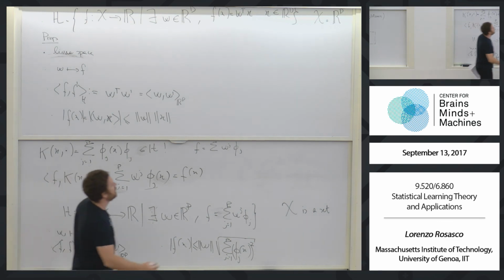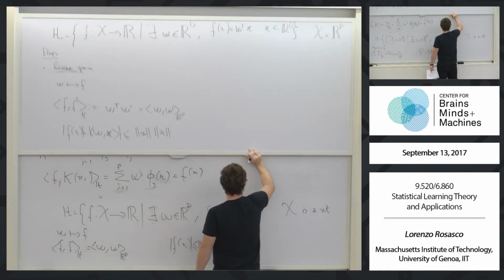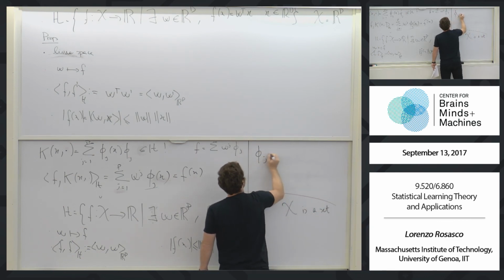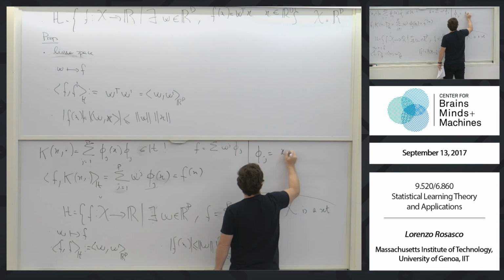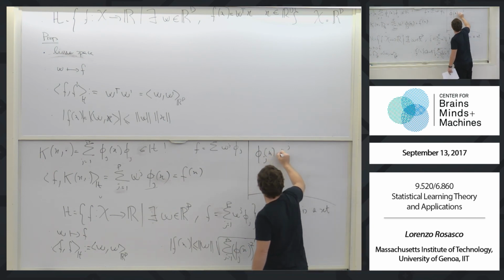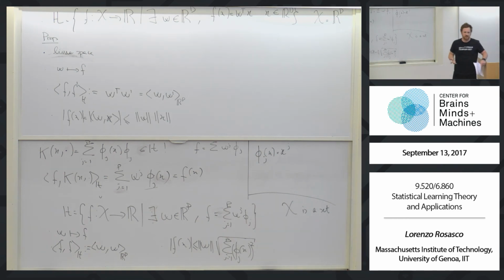What if I consider the special case where phi_j(x) is just equal to x_j? Then it's just the linear functions. And then I just get what is called the linear kernel. So it's the case where the inner product is just the inner product of any two vectors.